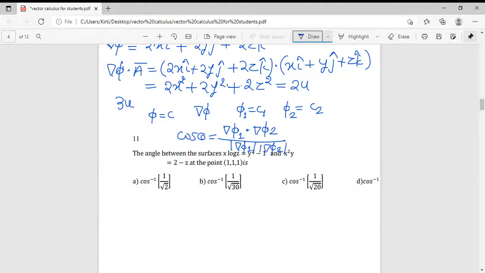So this formula we shall use here. Let's see how to obtain this now.